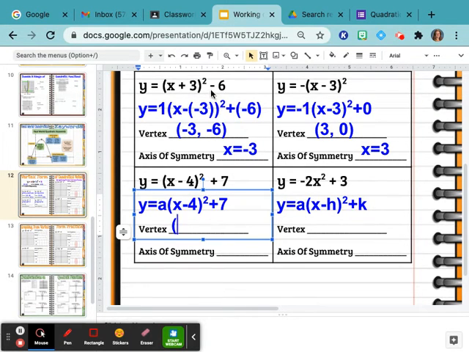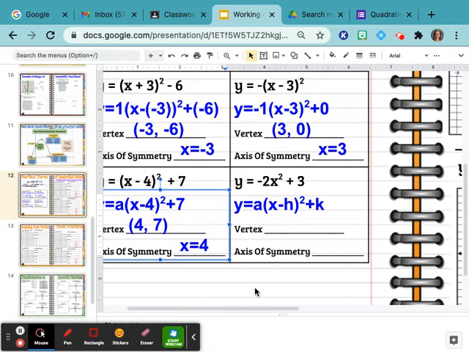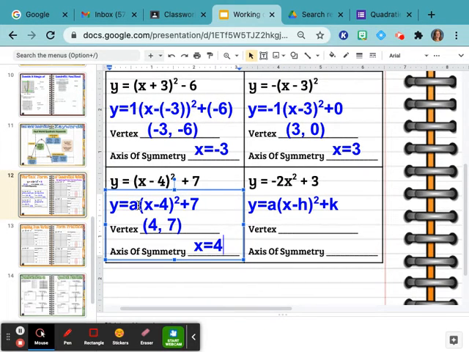So on this one, it was minus 6, but our formula says plus something. So we had to put plus something, which would be negative 6. So this would be 4, 7. And then our axis of symmetry, x equals 4. What is our a value on this one? 1.